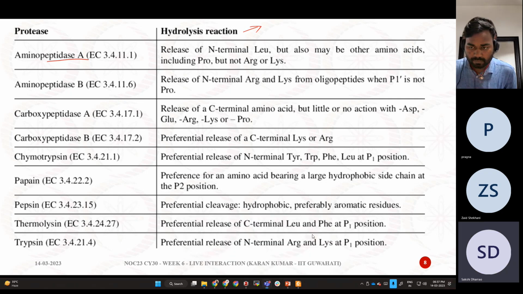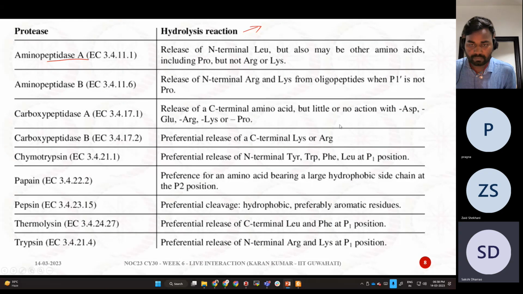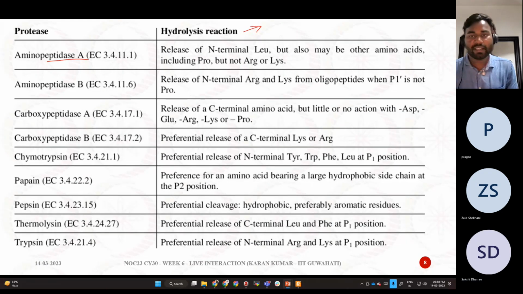Peptide proteases cleave peptide bonds. So our peptide bond is cleaved by the addition of a water molecule, H2O. In the next cycle, when serine acts on its cleavage site and the acyl intermediate, the tetrahedral intermediate, has been formed, there is a requirement of water, in which the histidine will abstract the proton and then a hydroxyl ion will be created.